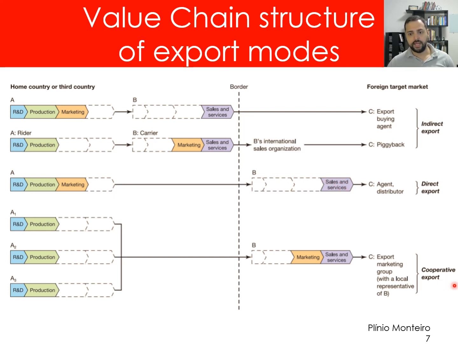And finally, the cooperative export mode, the cooperative export. In that case, many different small companies will develop their own research and development and production, and then will join together to have more strengths. And this company will have a relation with an export marketing group, with another company in the target market.